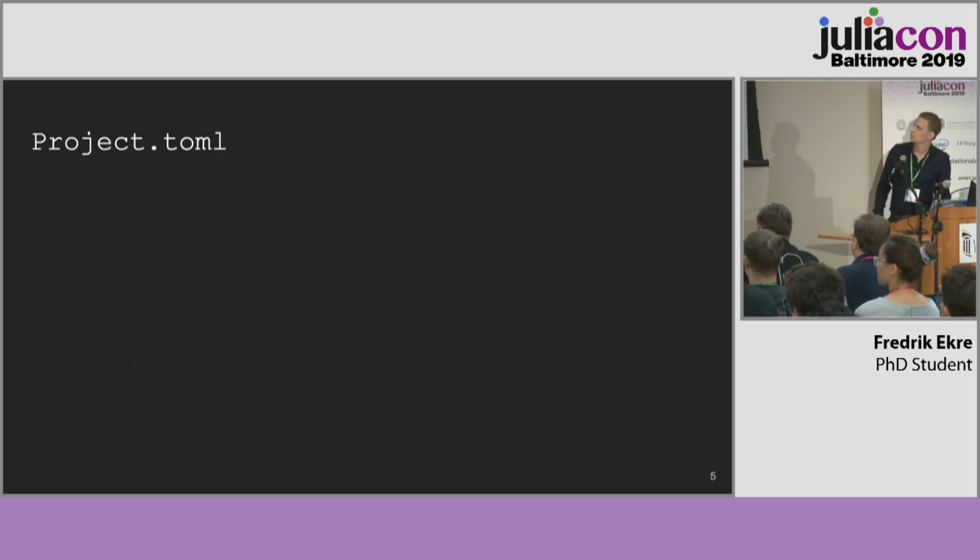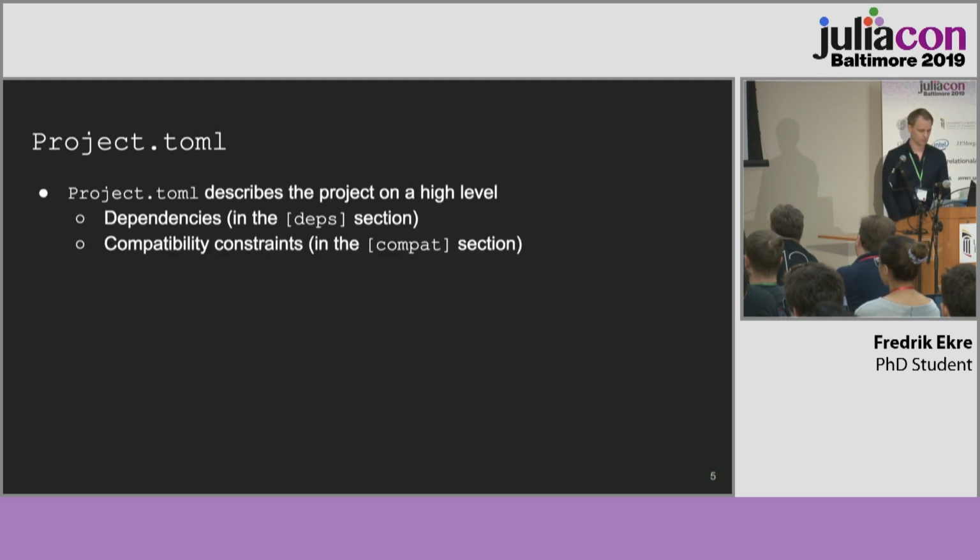So Project.toml. The project file describes the high level information about the project. In particular the dependencies of the project, which is basically what packages you have installed. The project file also includes compatibility constraints in a compat section.